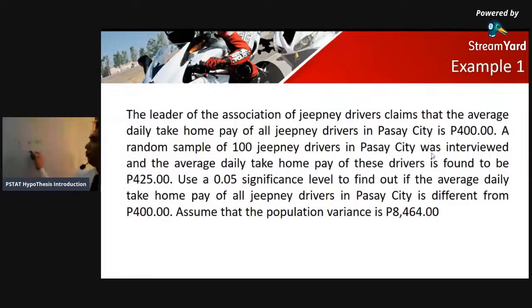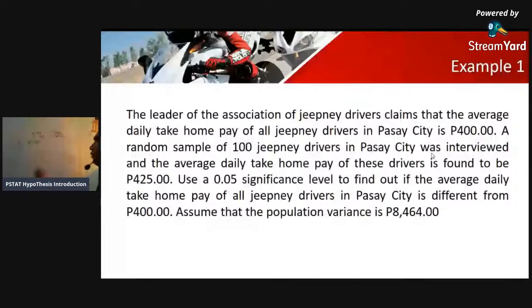We have a sample size of 100, and the variance, 8,464, is known.